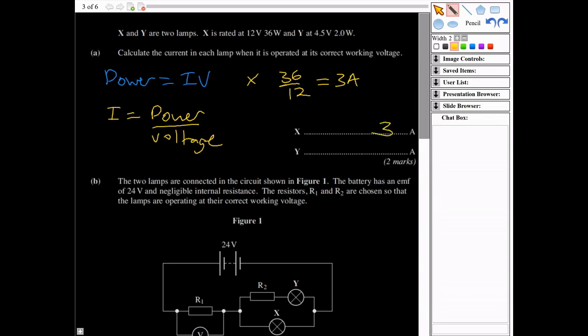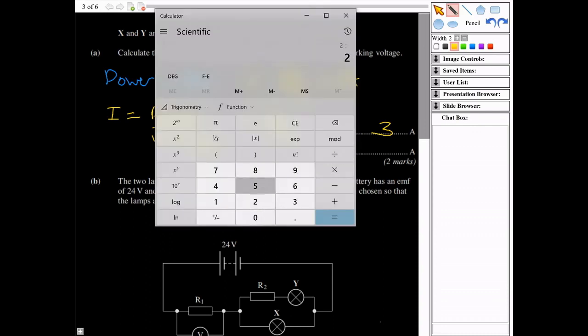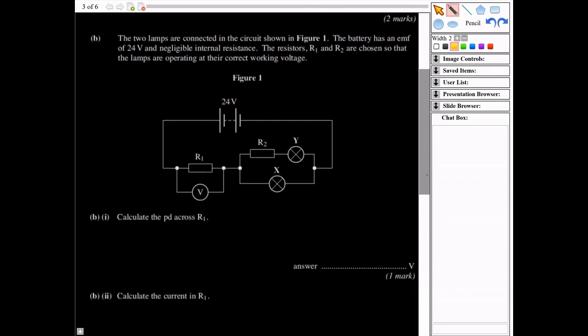And for Y, it's going to be 20 divided by 4.5, which is 4.44. Okay, that's how we do that one. So let's move on to part B.